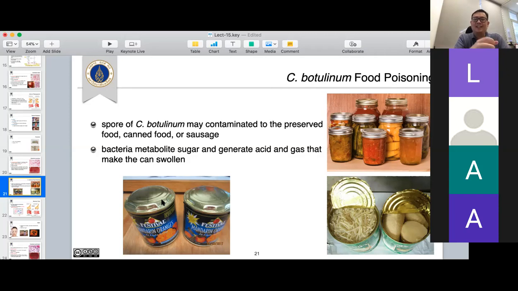But what she did was open it and dip her own finger into the pickled cucumber juice, and she tasted that. She felt like it was normal, not rotten at all. Then she cooked the pickled cucumber for everyone in the family. The day after tomorrow, she died. The other members were still okay, but she died.